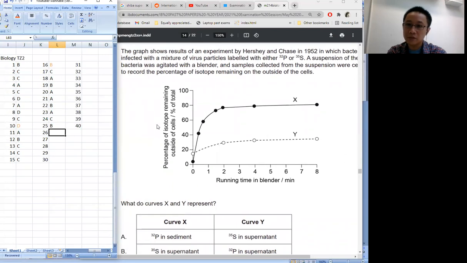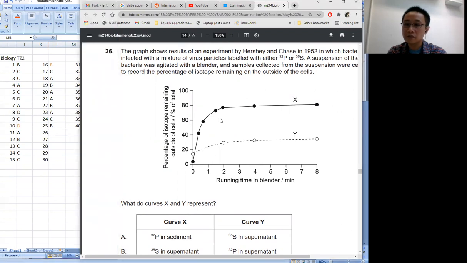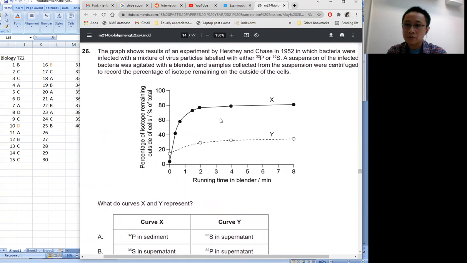Well, actually, read this again. So percentage of isotopes remaining outside of cells. Okay, let's read the question. This is annoying. Samples collected from the suspension were centrifuged to record the percentage of isotope remaining on the outside of the cells.